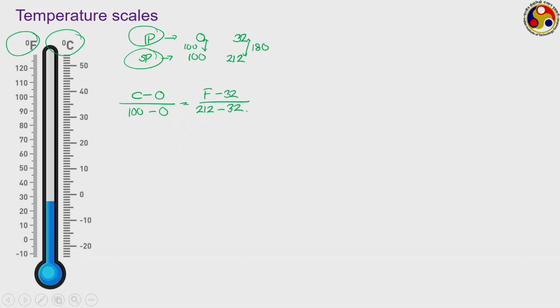In the denominator you can also visualize this to be the number of divisions. So it becomes C by 100, because there are 100 divisions between the ice point and steam point in Celsius scale, equal to F minus 32 by 180, as there are 180 divisions in case of Fahrenheit scale. If we simplify, it becomes C by 5 is equal to F minus 32 by 9, a very well known relation which you must have used earlier.